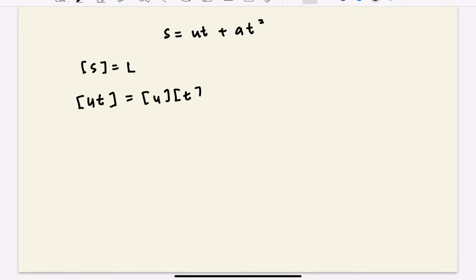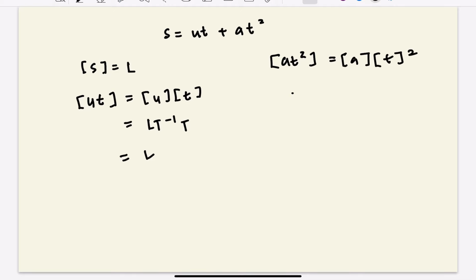You will get u is LT minus 1, this is t, so you will have L. For at squared, your a is LT minus 2 times t to the power of 2.